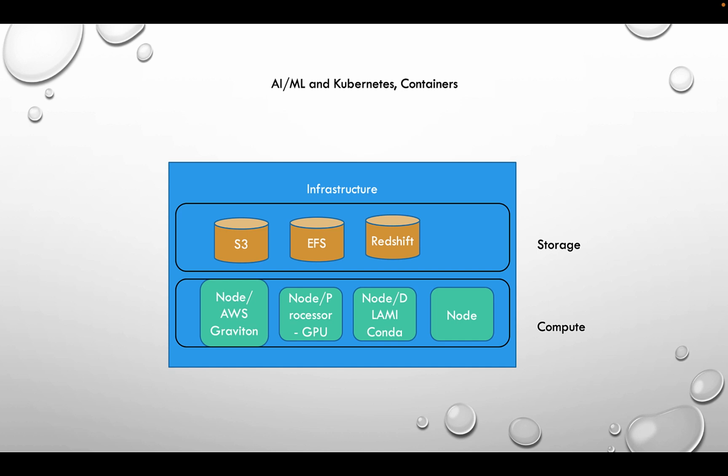Another thing is, what do you need on the compute? When you build a Kubernetes cluster, you have a control plane, which, if you're using AWS, Azure or Google, is managed by them, but you have the node groups which are managed by you. When you manage those node groups, you have the option to select the AMIs. When you're running machine learning and deep learning workloads, you definitely need something very powerful.